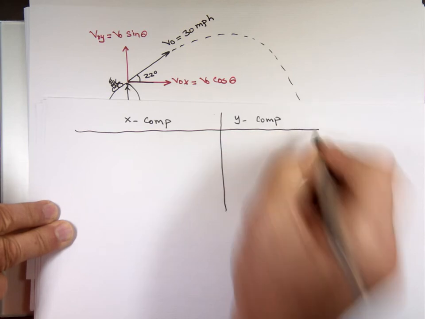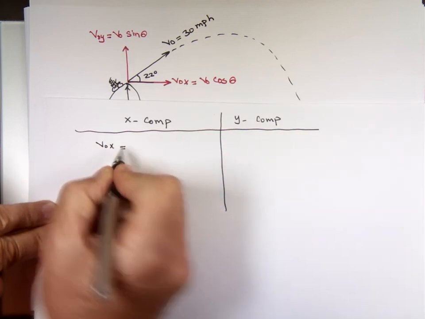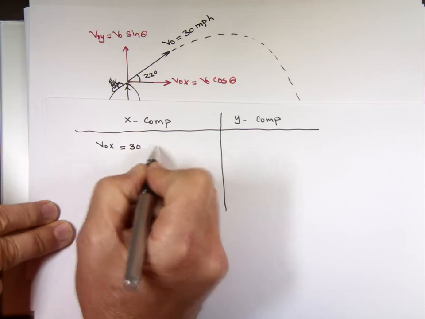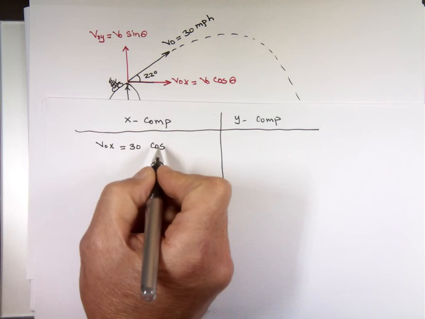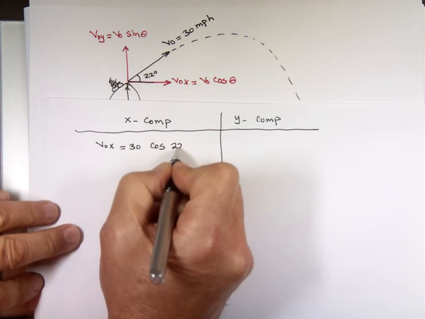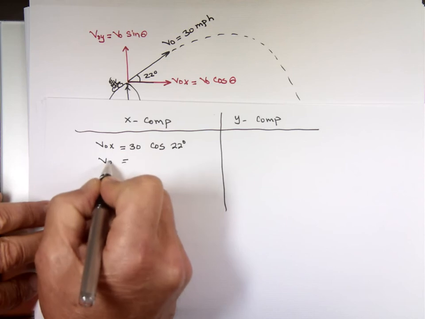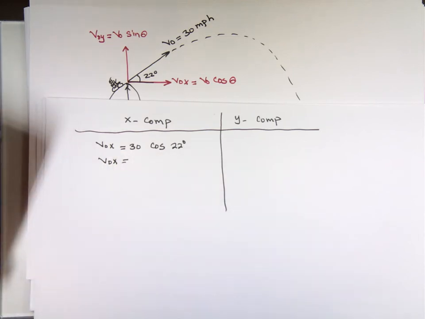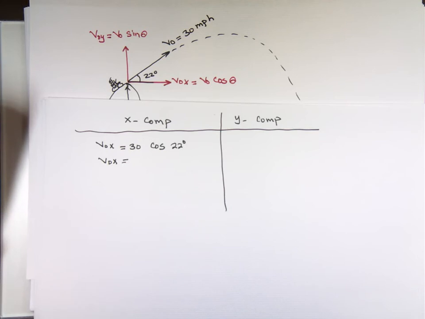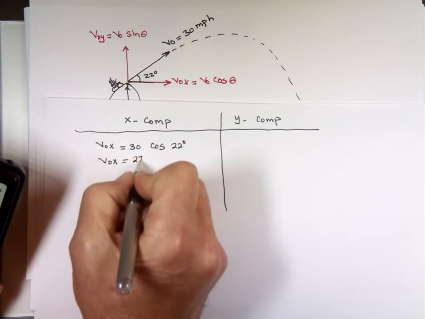Initial velocity in the x direction is going to be 30 cosine of what? 22 degrees? Cosine 22, 27.8 meters per second.